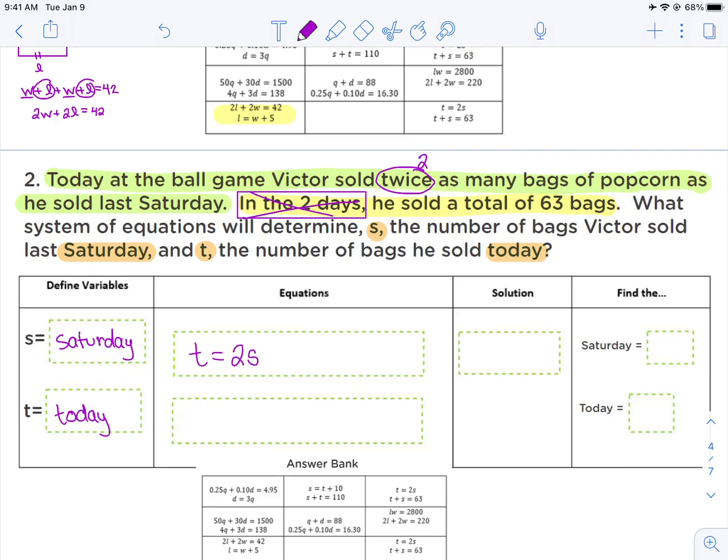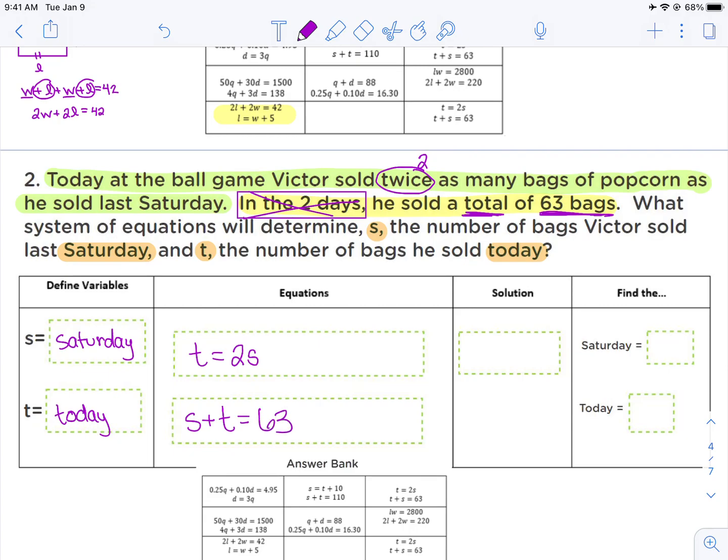But what they care about is today and Saturday, he sold a total of 63 bags. A total of 63 bags, meaning if I add up all the numbers from today and Saturday, there's a total number of 63 bags that were sold. So what that looks like is I take the total from Saturday and I add it to the total from today, and it's going to give me the total number of bags that Victor sold.